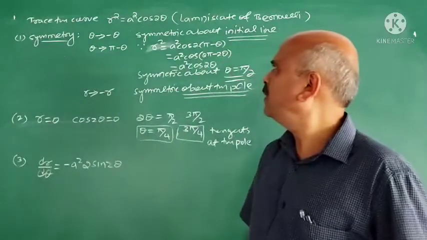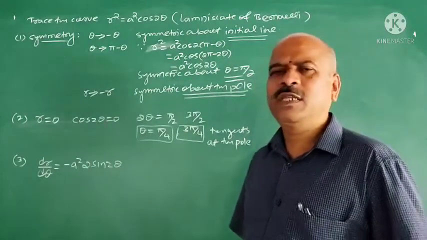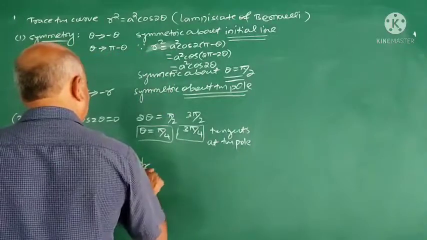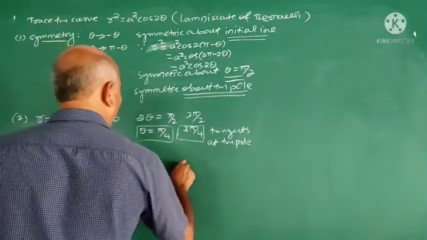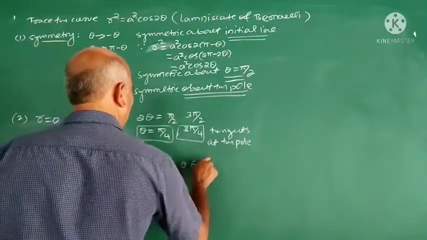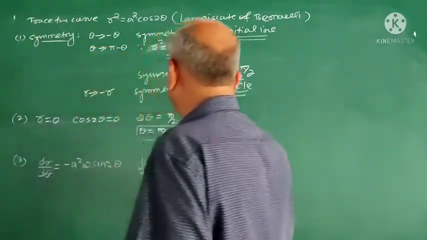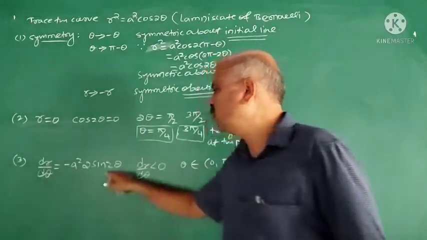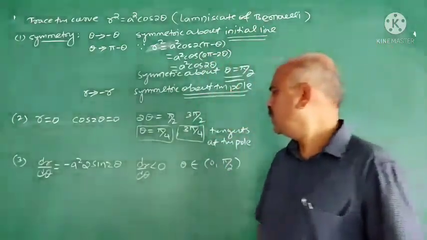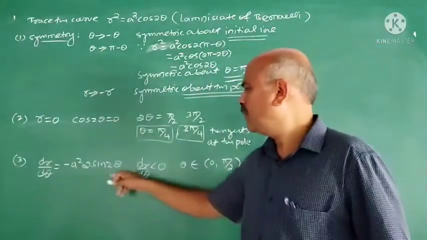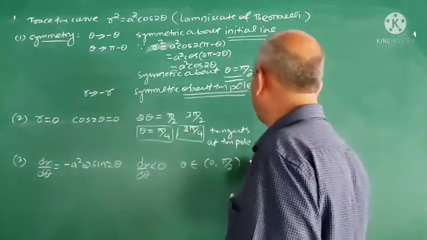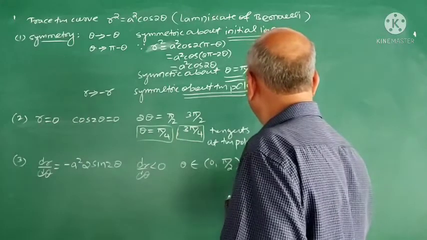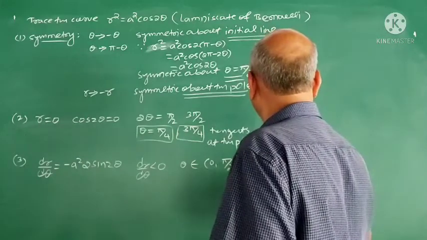Dr by d theta is minus a square, because the differentiation of cos is minus sin 2 theta. Therefore, dr by d theta is less than 0 when theta belongs to 0 to pi by 2, because 2 theta is there. In 0 to pi by 2, r is decreasing.